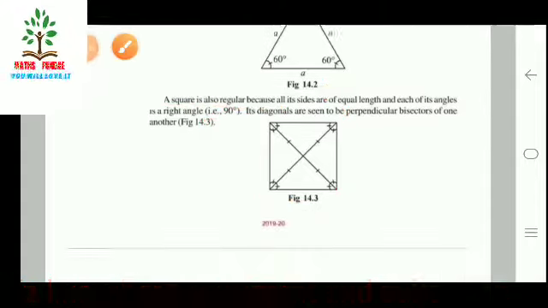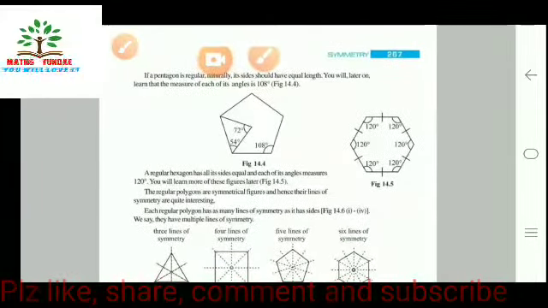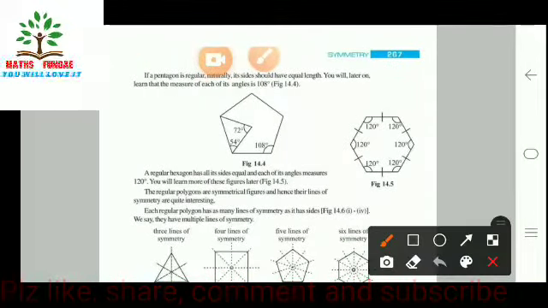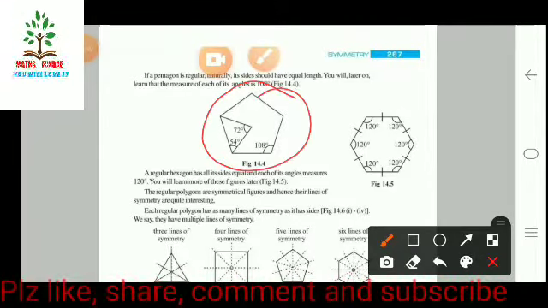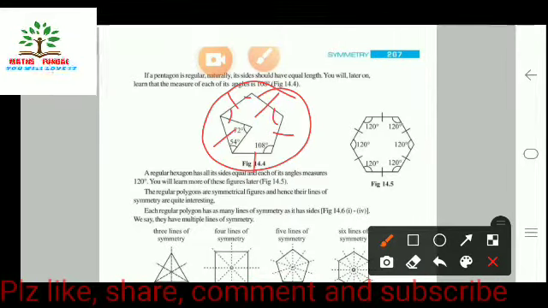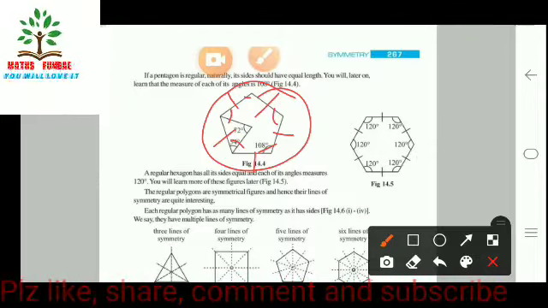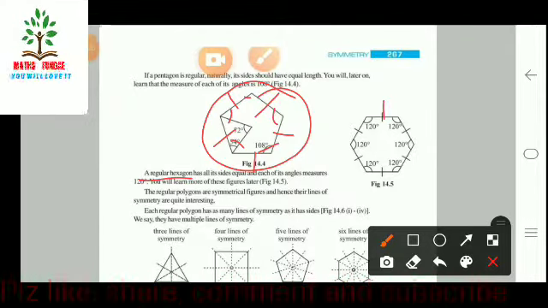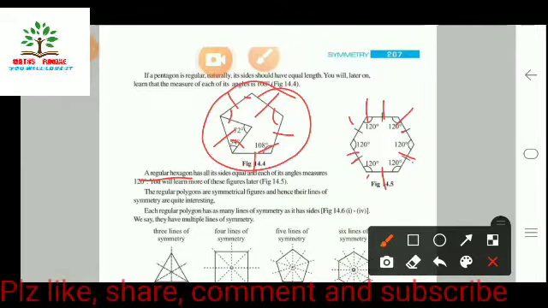Next, in a regular pentagon, all the sides are equal and all the angles are equal. Then a regular hexagon has all six sides equal and all the angles equal.